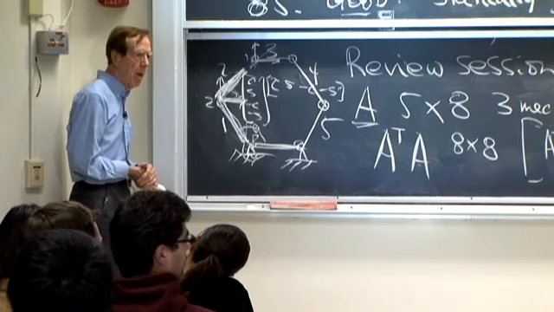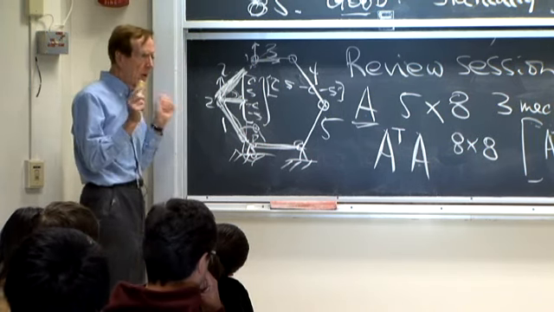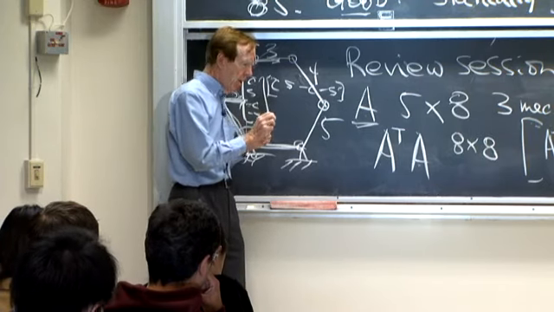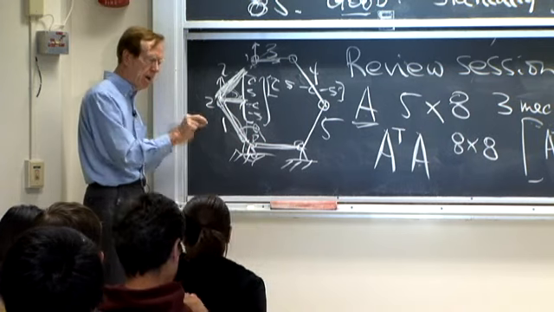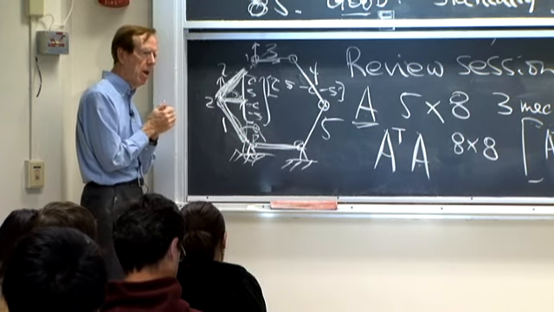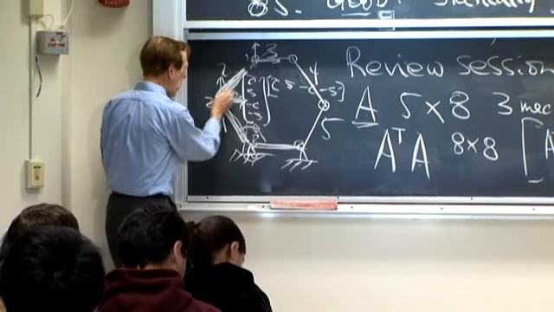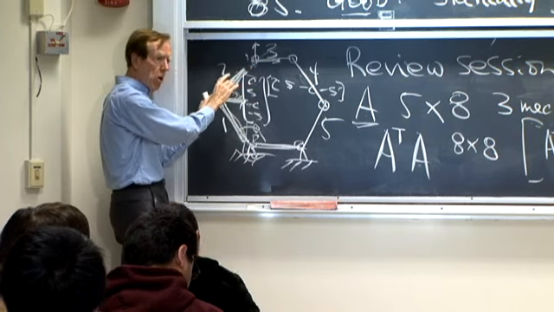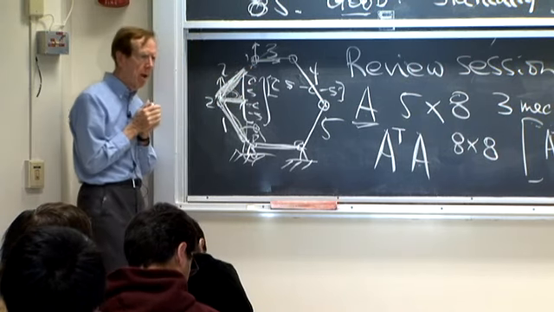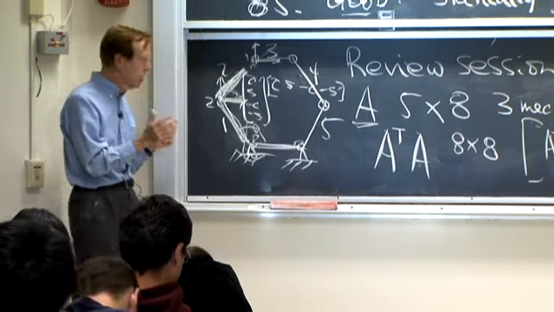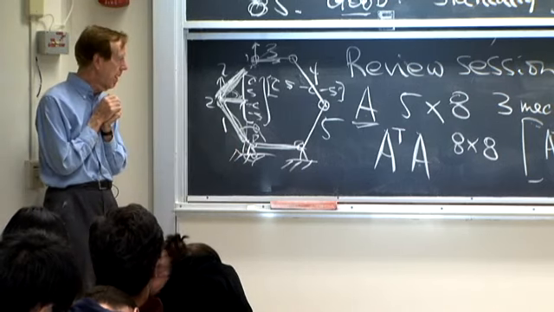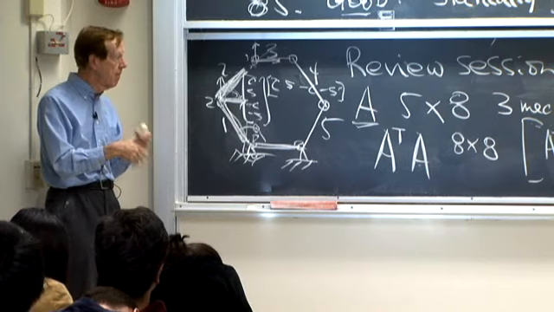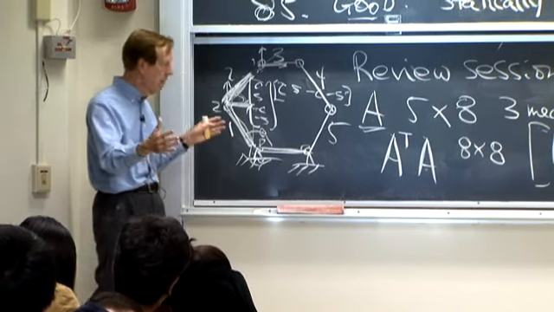So that's the only way I do it, is to think, will the movement stretch the bar? Then that's got a positive entry in A. Will the movement like that compress the bar? Then it'll be a negative entry, because our convention is, if it stretches, it's positive. E positive means a stretching, E negative means a compression.